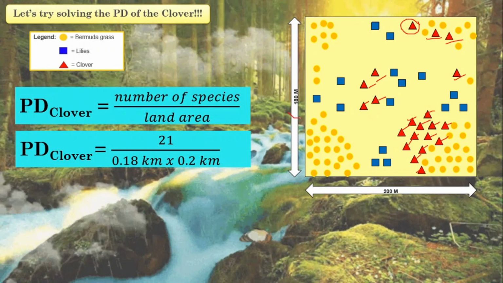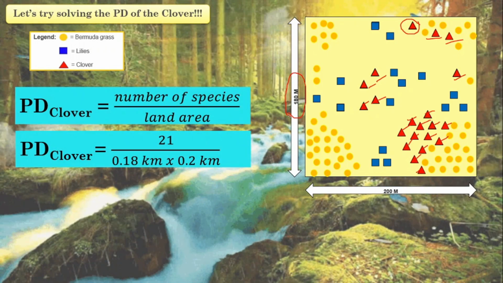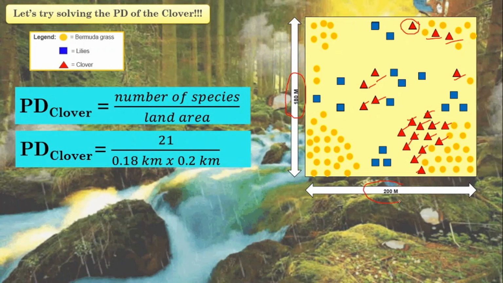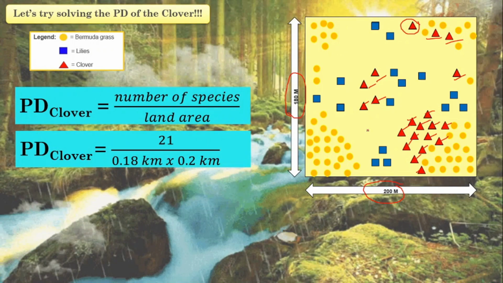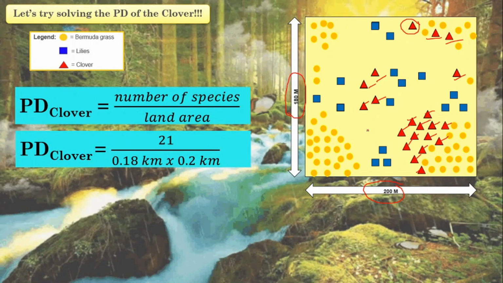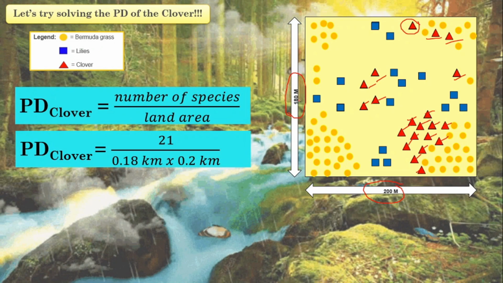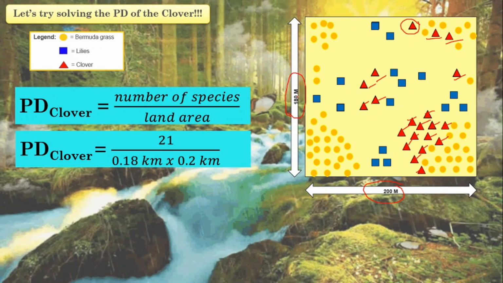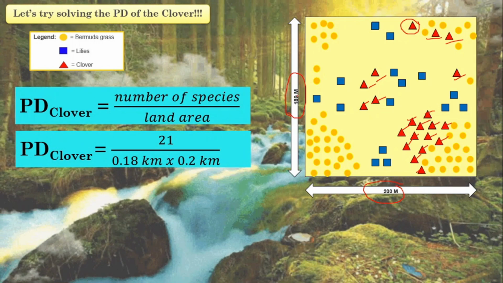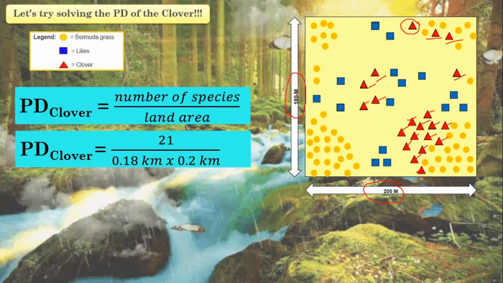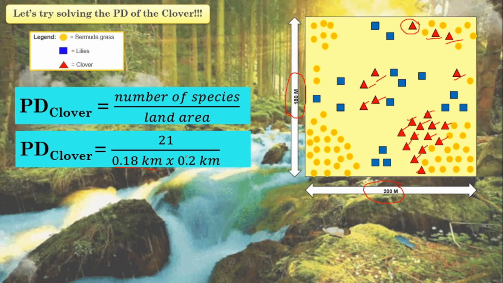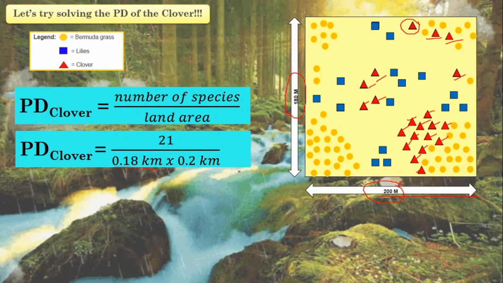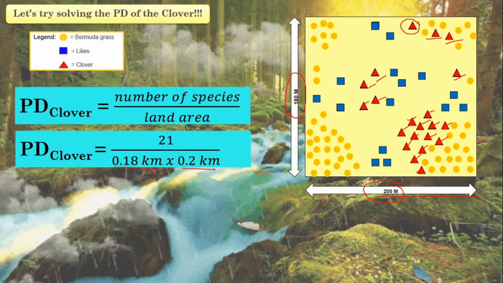In the diagram, you will notice that there is 180 meters and 200 meters. So when meters are converted to kilometers, 100 meters is equivalent to 0.1 kilometer, or you need 1000 meters to have 1 kilometer. 180 meters is equivalent to 0.18 kilometers, and 200 meters is equivalent to 0.2 kilometers.